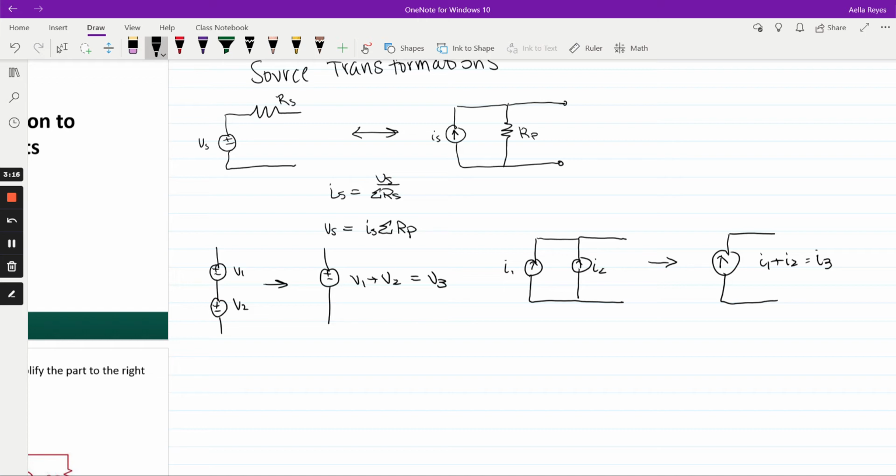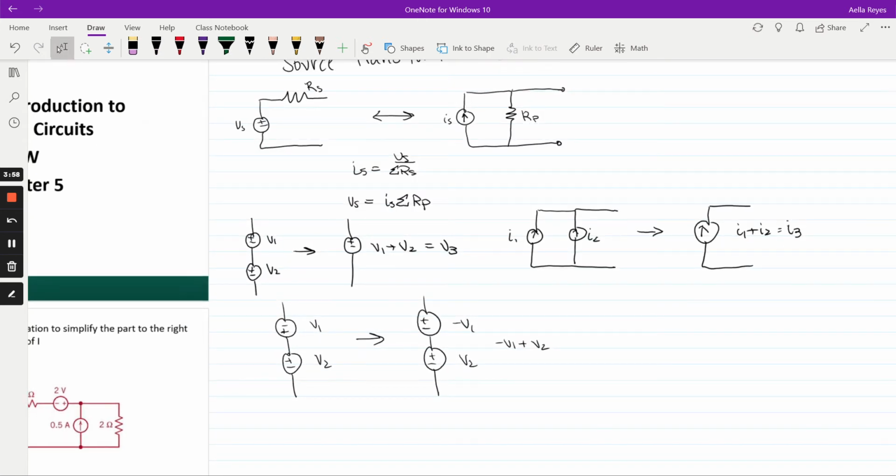If a voltage source is in the opposite direction of your other one, let's say this is V1, V2, you just flip it and make your voltage source negative. You take the negative of whatever this is, and then you can add them together.